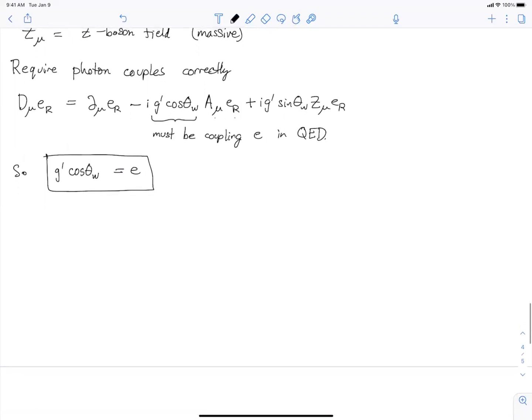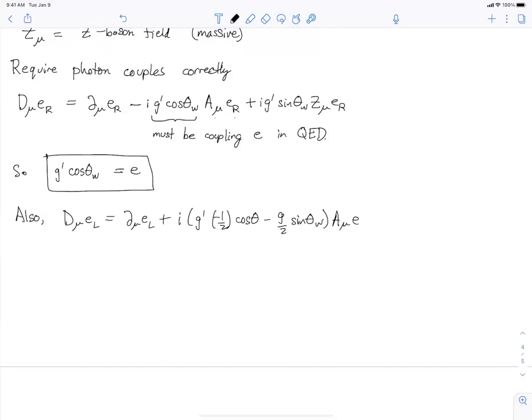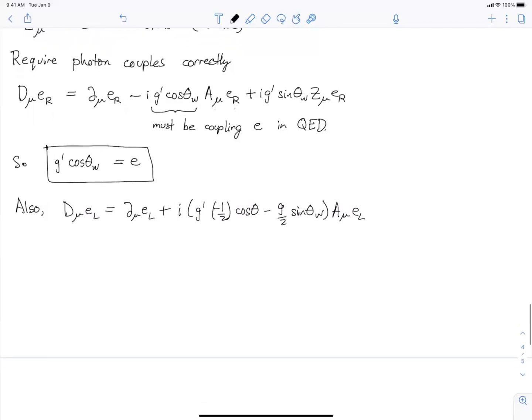Now let's do the same thing for the left-handed electron. So also d mu e left equals partial mu e left plus i times, I'm just rewriting what we had before, but I'm only going to worry about this time the part of it that has an A mu in it. Okay, and so now this stuff here must again be minus e.